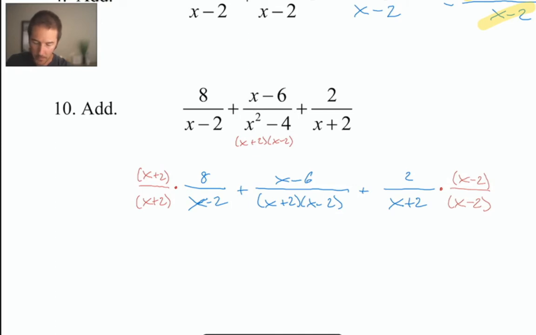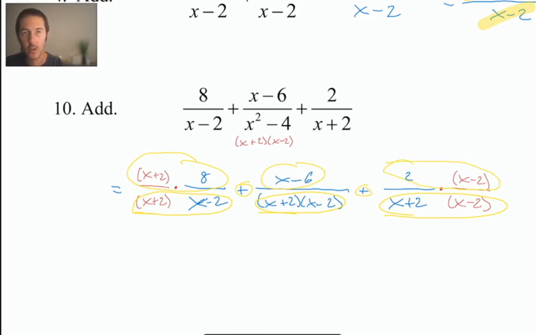Now, this denominator, and this denominator, and this denominator are all the same. We now have a common denominator. So, I'm going to rewrite this. I'm going to write numerator plus numerator plus numerator all over the common denominator.